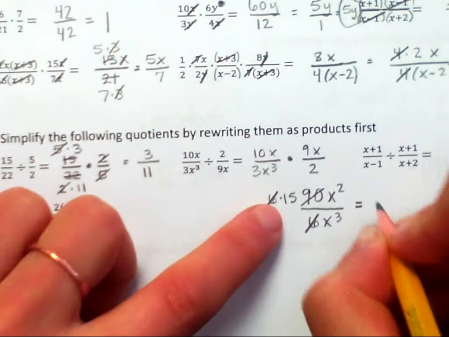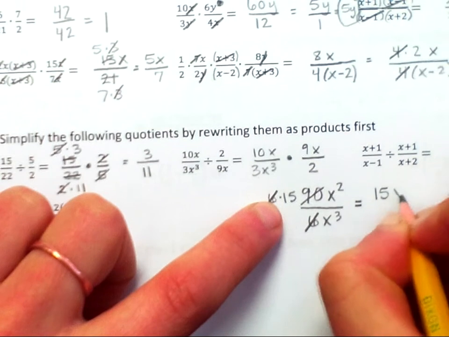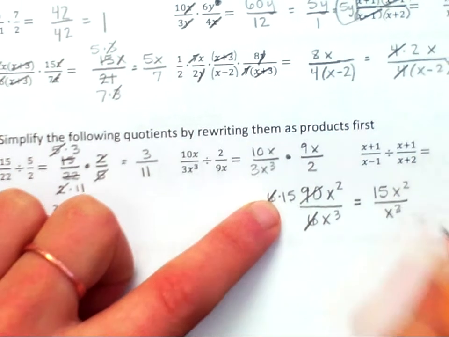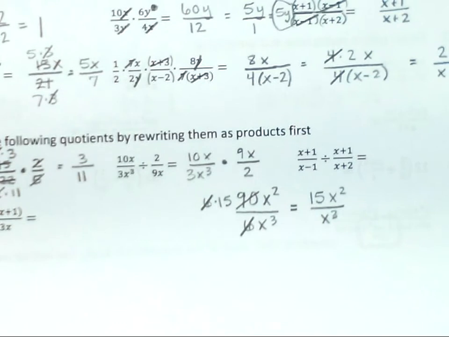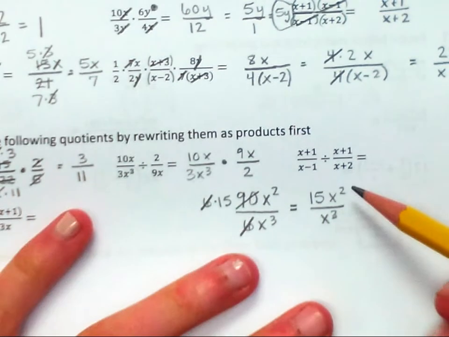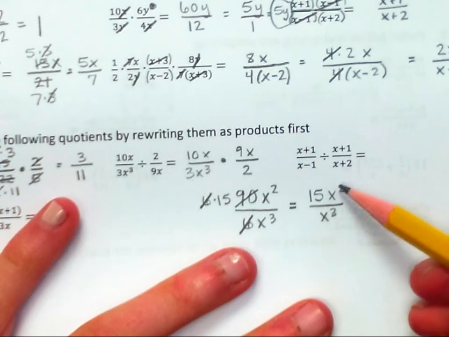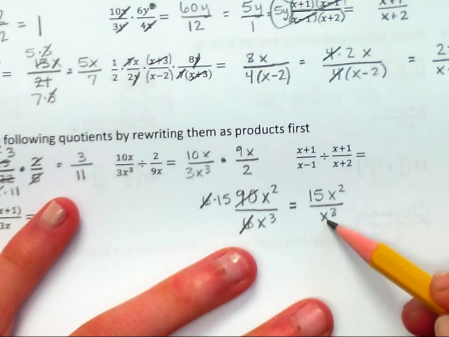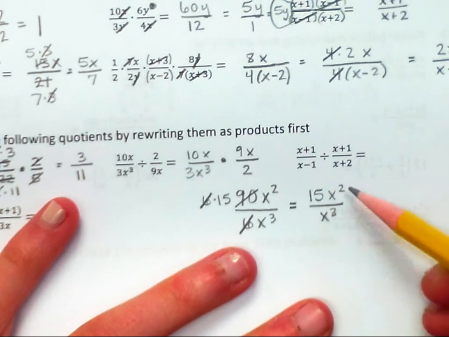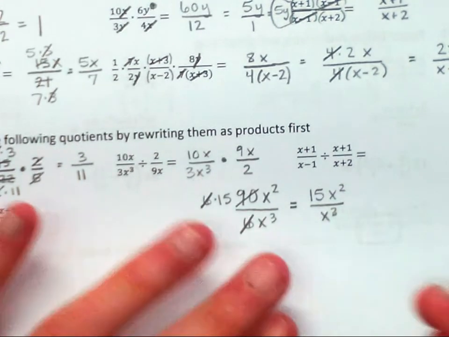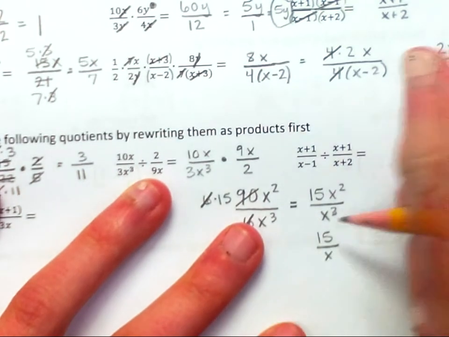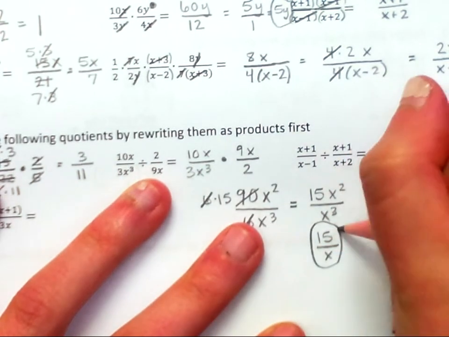So then I have 15x squared over x cubed. I'm just taking it one step at a time. And then two of these x's will cancel out two of these. So there's one x left in the bottom and no x's left in the top, which means the final answer is 15 over x.